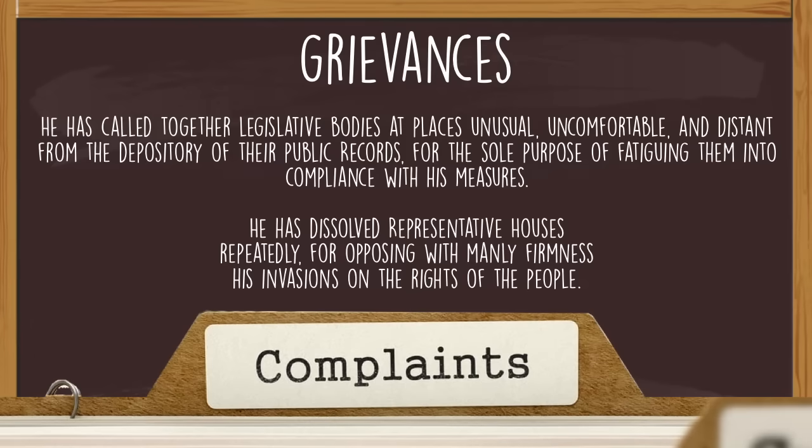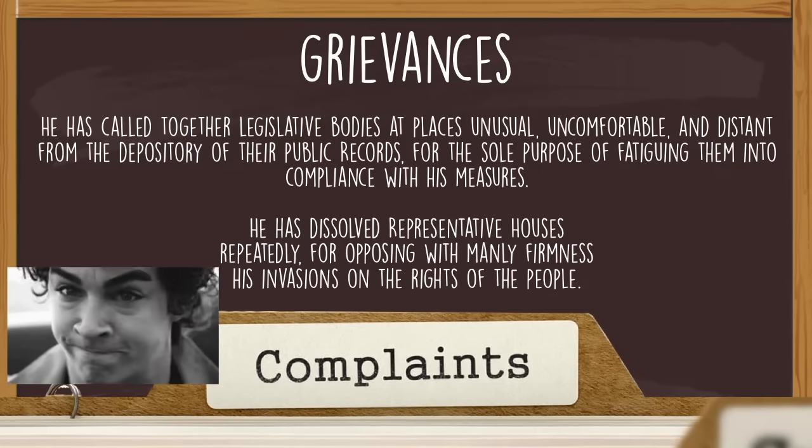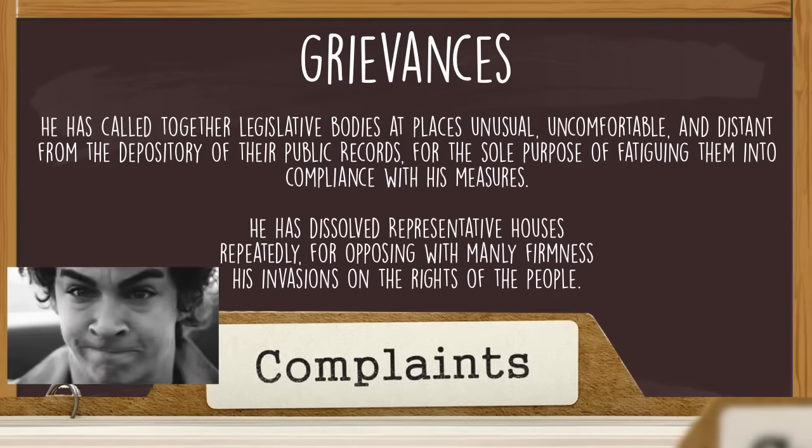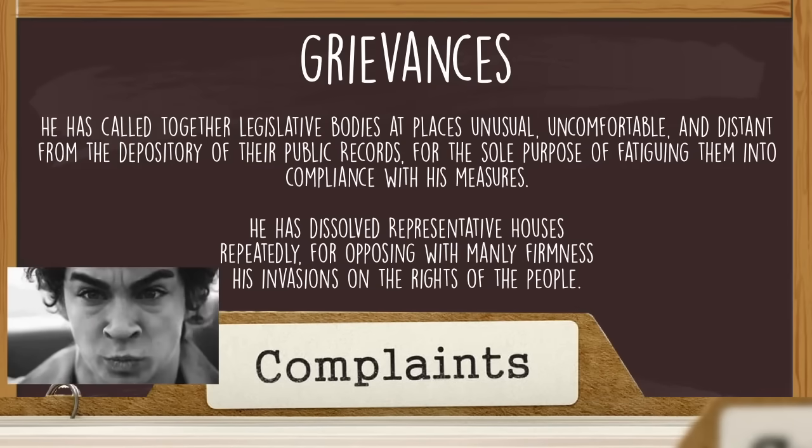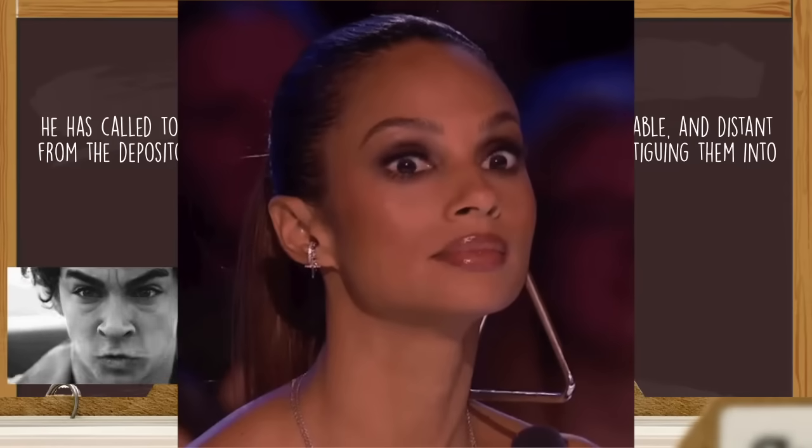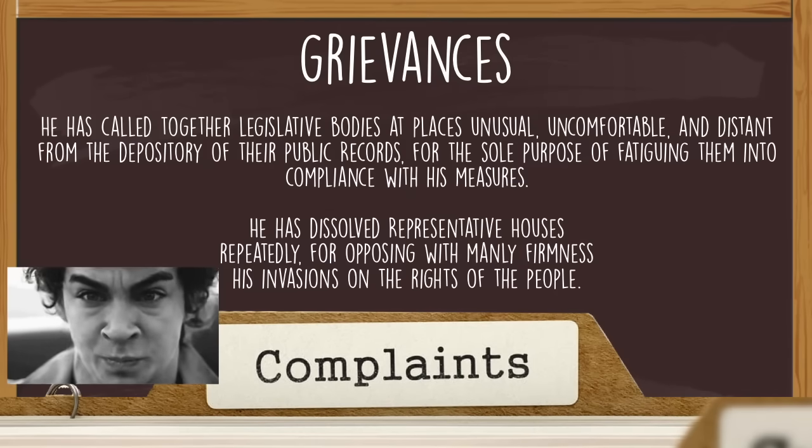The first one reads, "He has called together legislative bodies at places unusual, uncomfortable, and distant from the depository of their public records for the sole purpose of fatiguing them into compliance with his measures." Wow, Jefferson's writing is sometimes difficult to read, but that's a typical example of something you might see on your test.